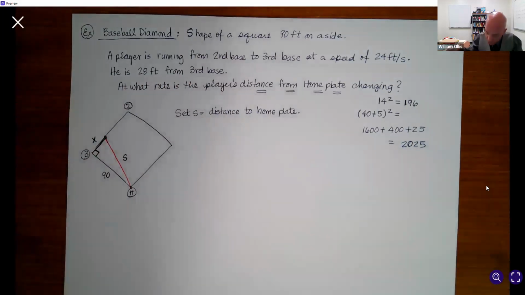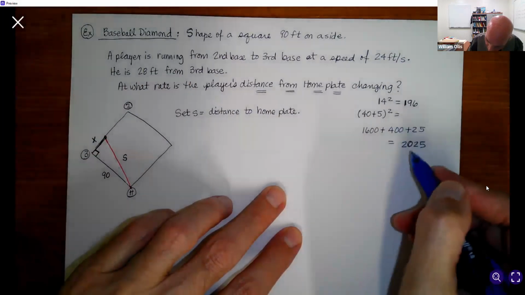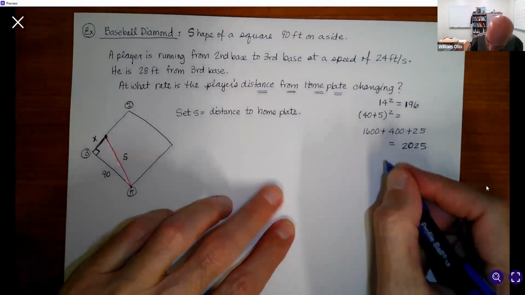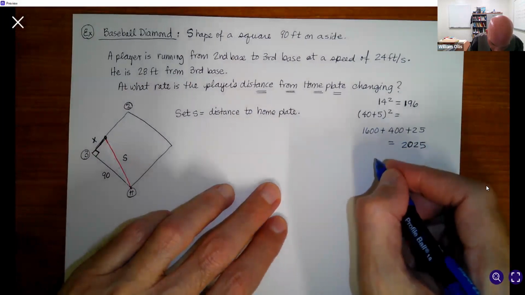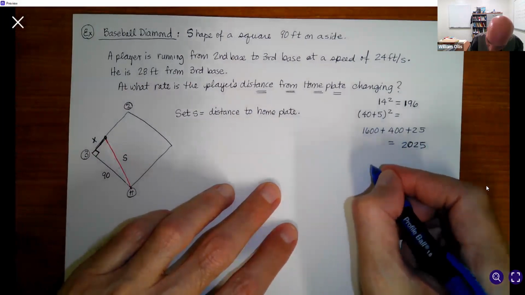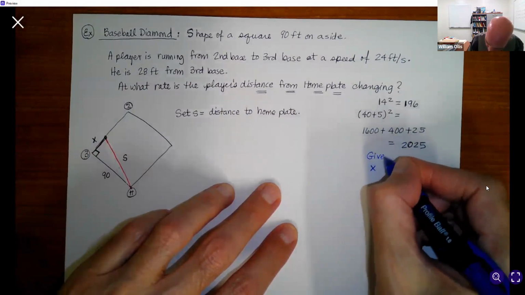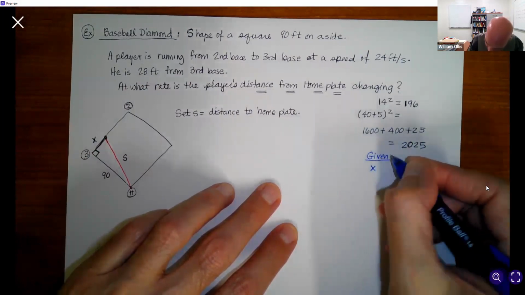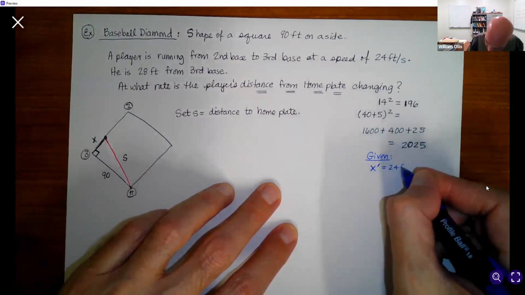So if we want to write here, if you will, I did a little calculation here. So here we've got x prime. Let me write given. X prime will now be 24 feet per second.